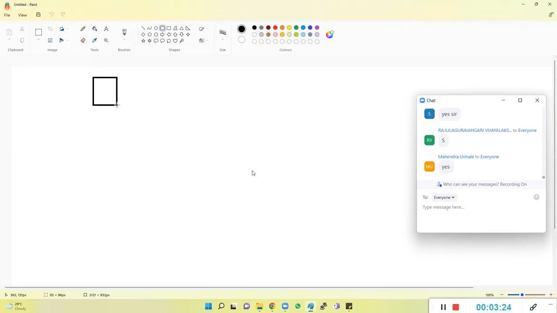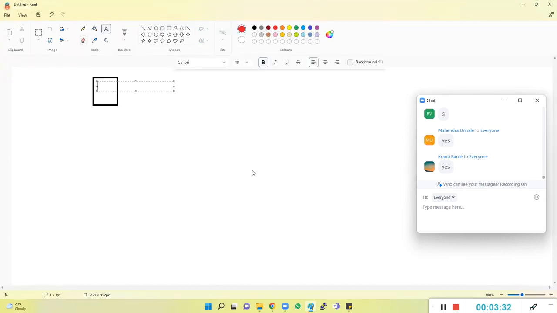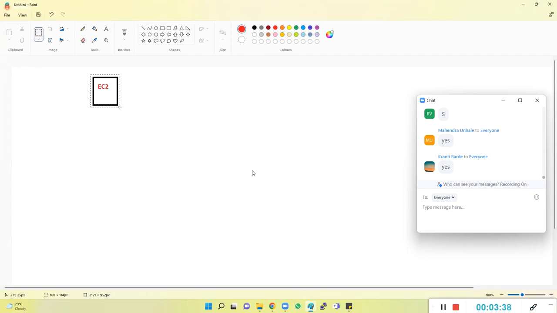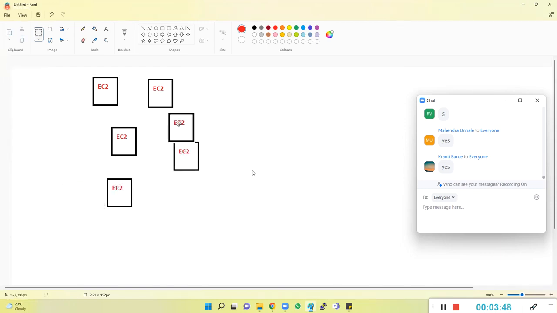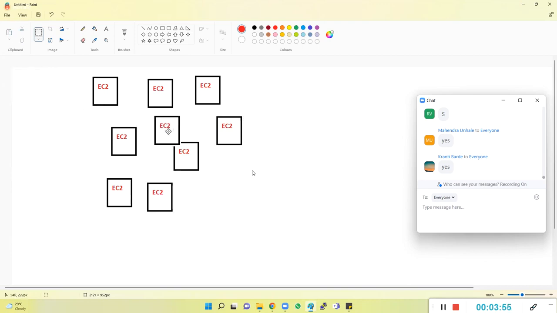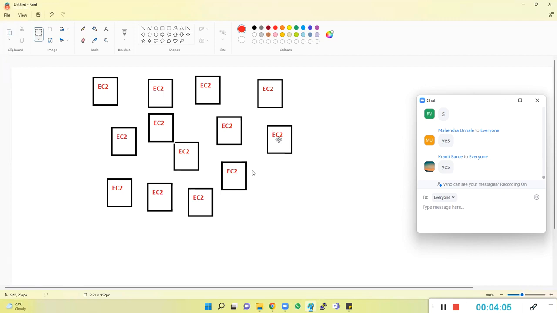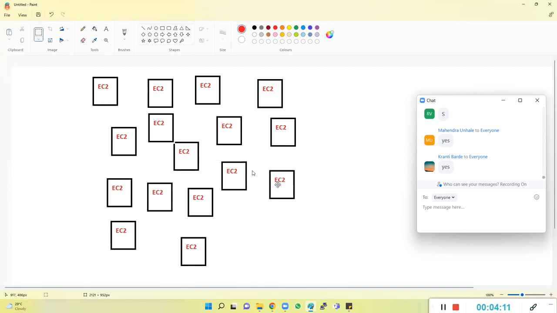There are so many EC2 images. We have many EC2 instances here.